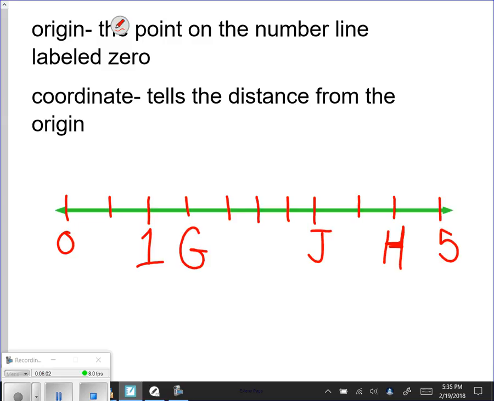I want you to turn and talk for about a minute. Figure out the value of G, J, and H.